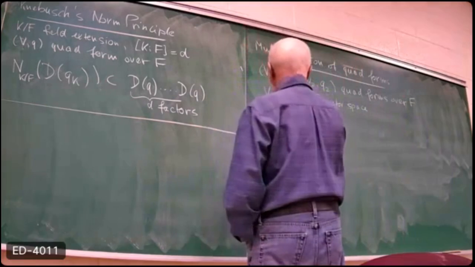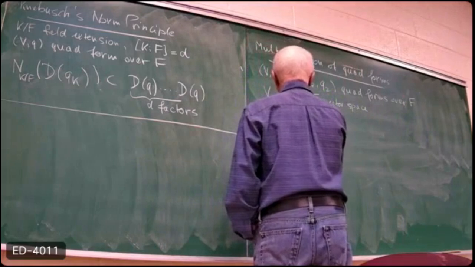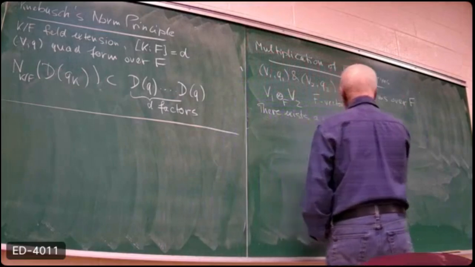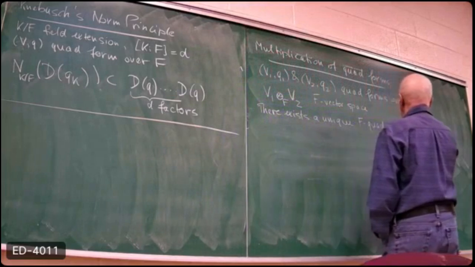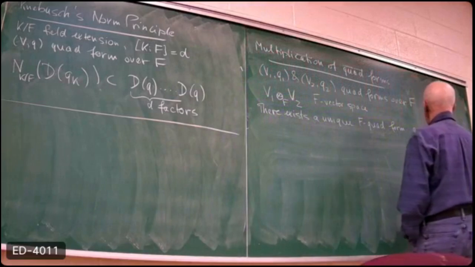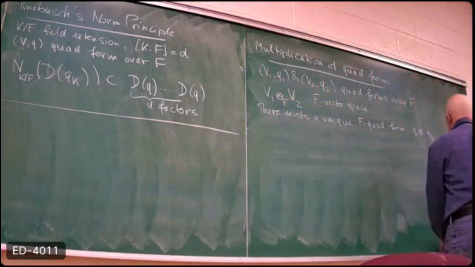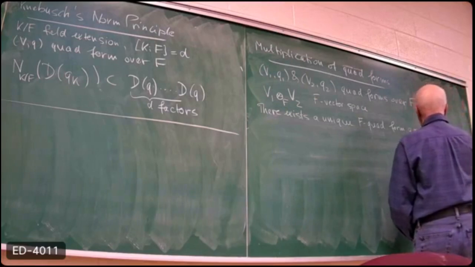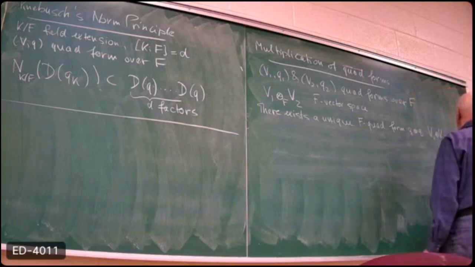I claim there exists a unique F quadratic form, denoted q1 tensor q2, which is defined on the F vector space V1 tensor V2.